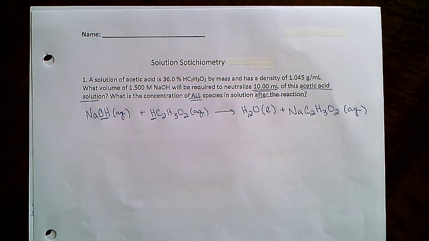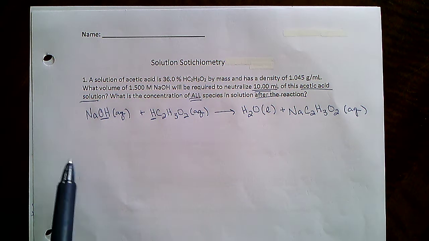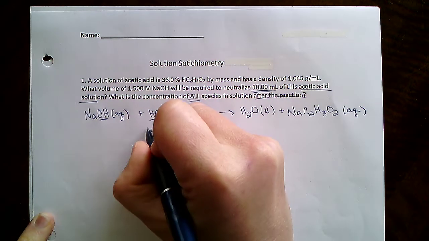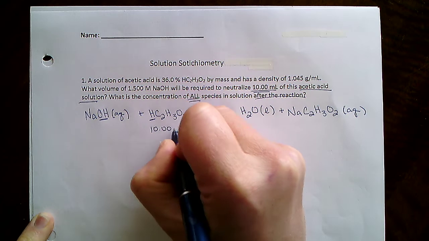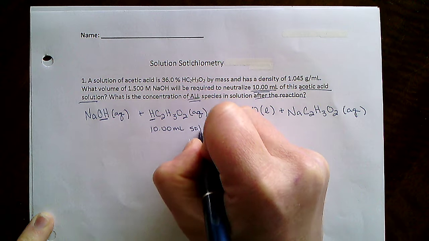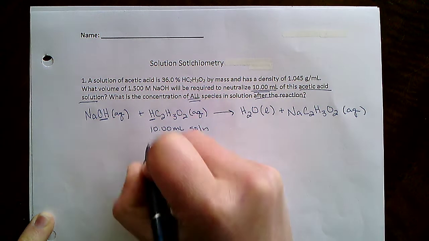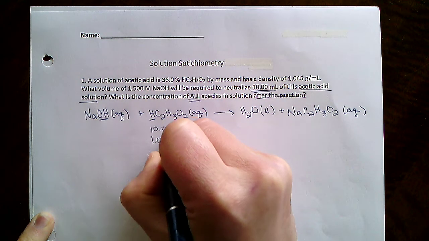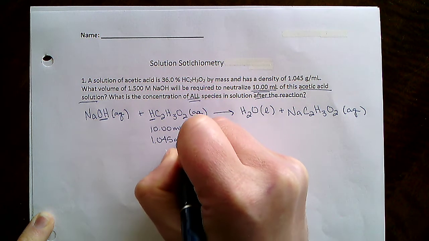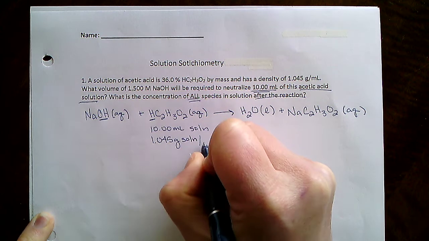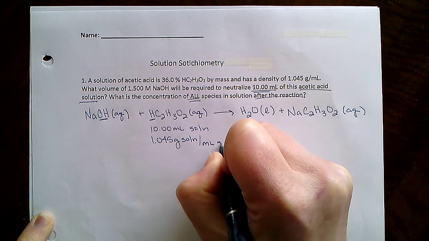Sometimes it's helpful just to organize everything you have. So this problem is saying you've got 10 milliliters of the solution. And they tell us the solution has a density of 1.045 grams of solution per milliliter of solution.